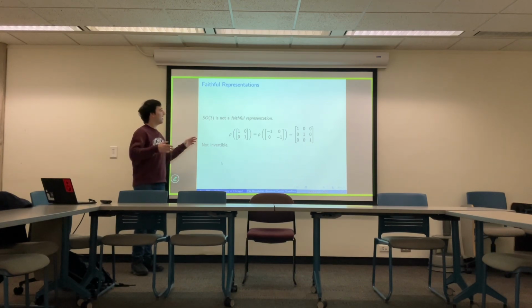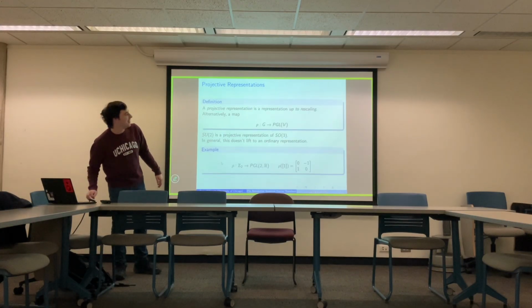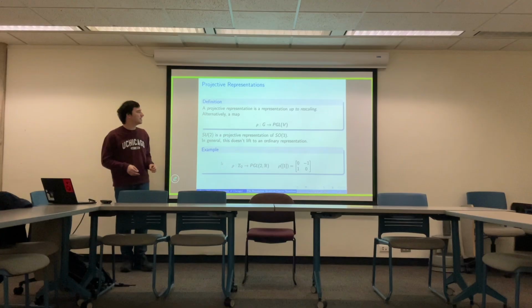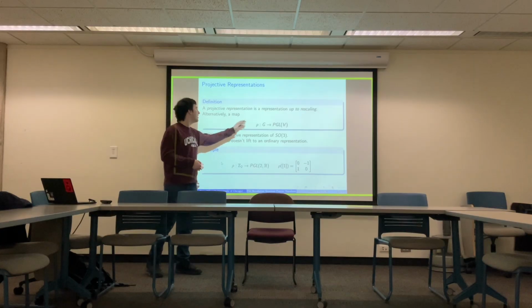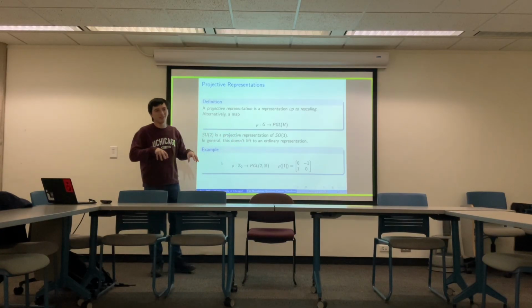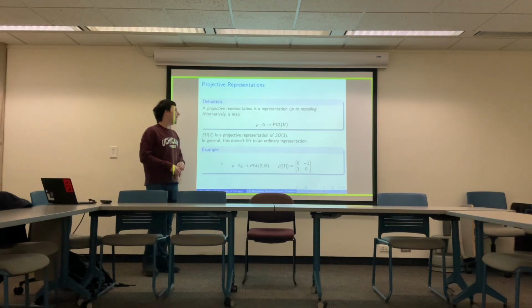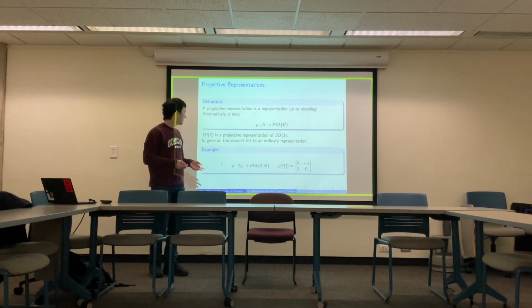But what if we tried it anyway? That gives us a projective representation, which is a representation up to some rescaling phase factor, or alternatively a map to the projective general linear group. So we see that SU2 is a projective representation of SO3.